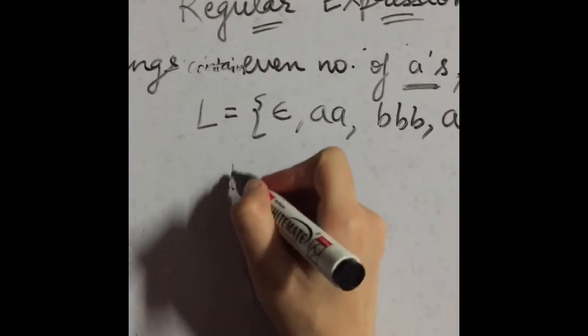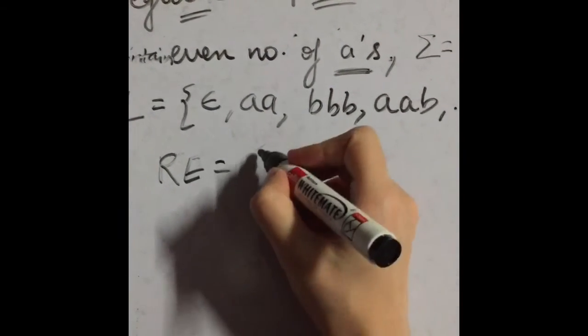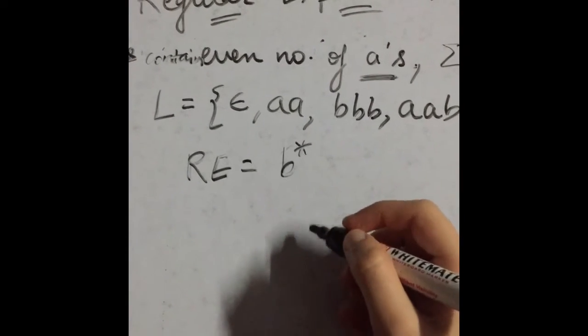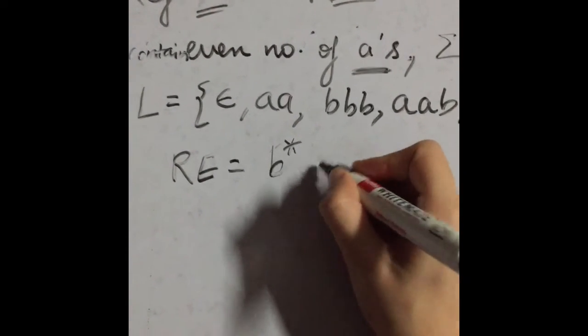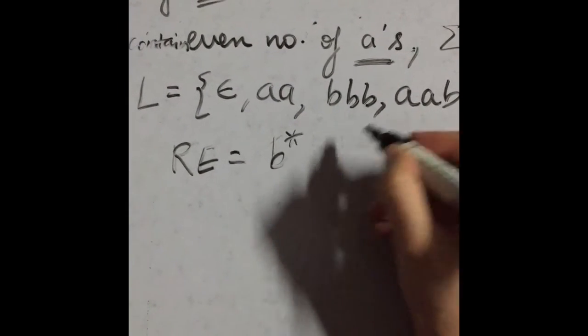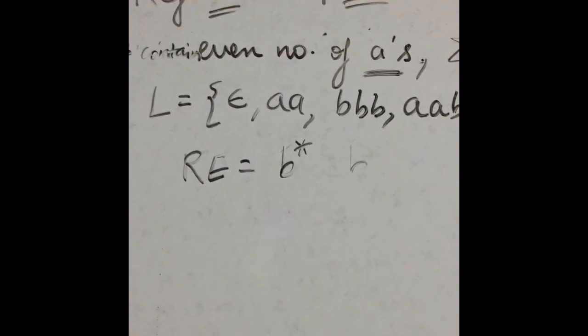Now these are all the strings. What is a regular expression for this? It means any number of b's in the starting, we don't care. If a comes, it's okay.